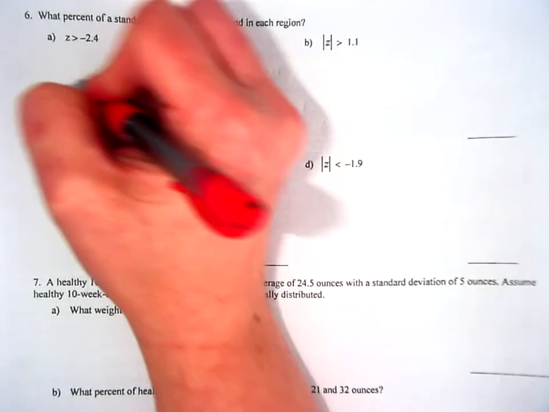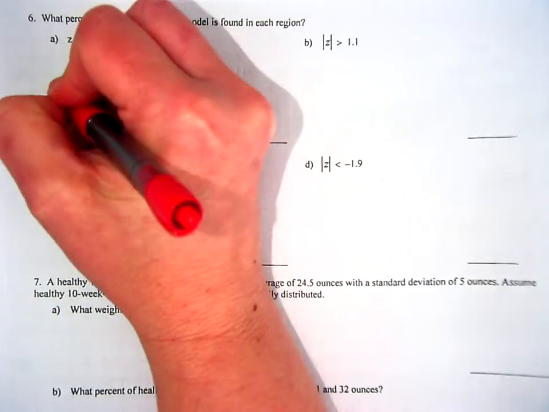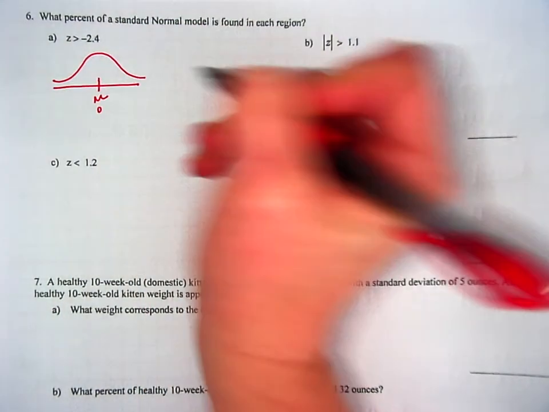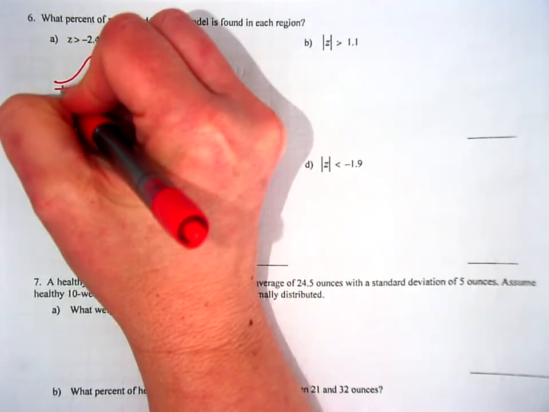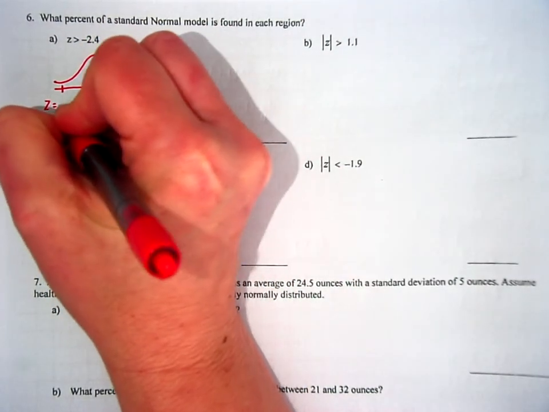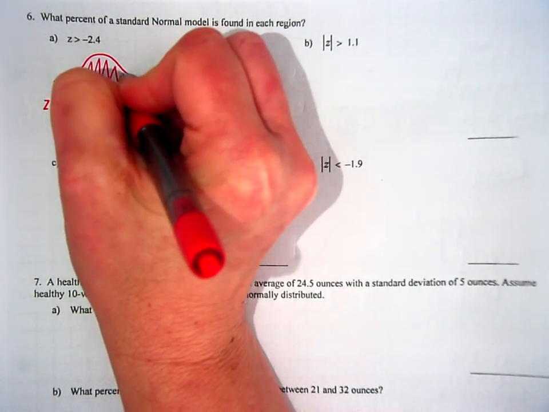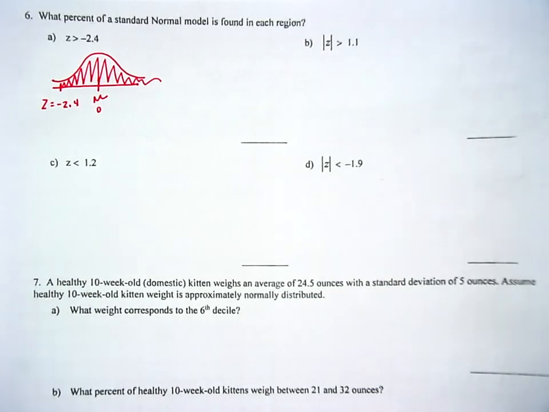All right, what percent of a standard normal model is found in each region? So if I'm picturing this one, let me draw out my normal curve. Here's that mean where the z-score is 0. And we're looking at greater than a z-score of negative 2.4. So we're looking at this region right in here. So we know that we always have to do 1 minus the region that is to the left of it.